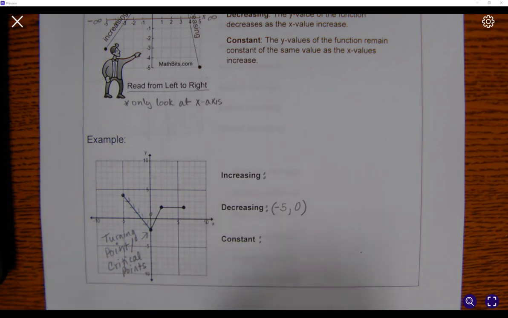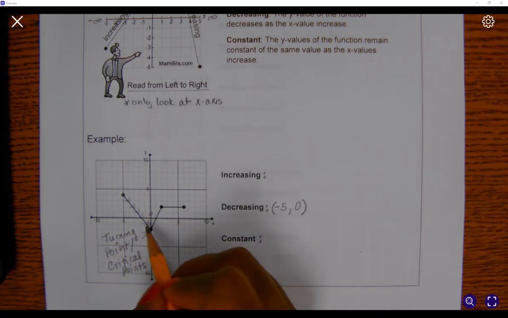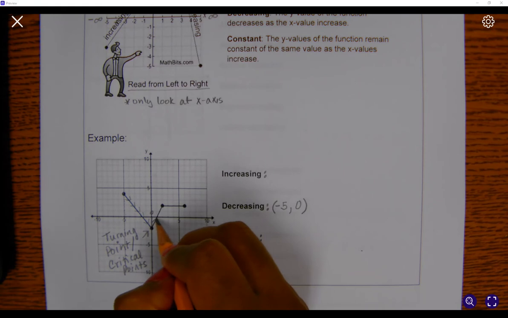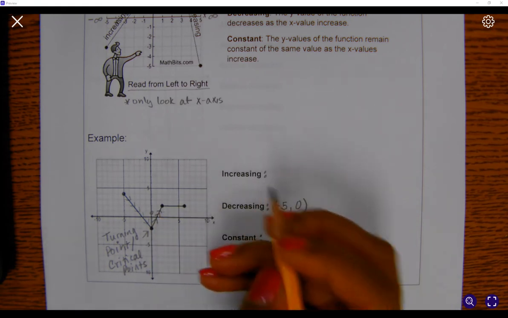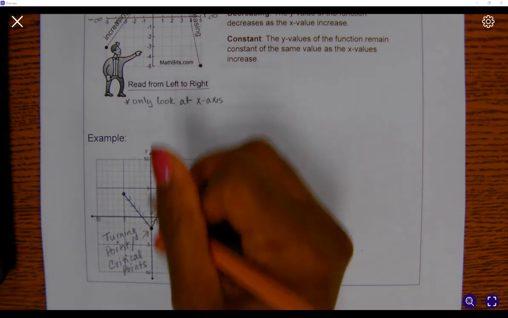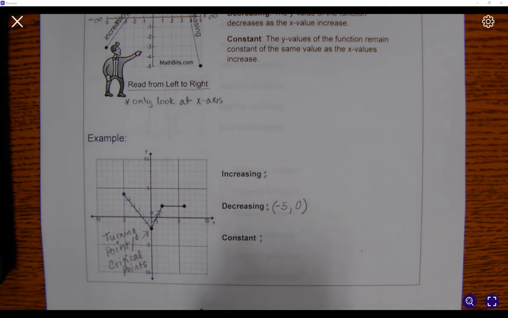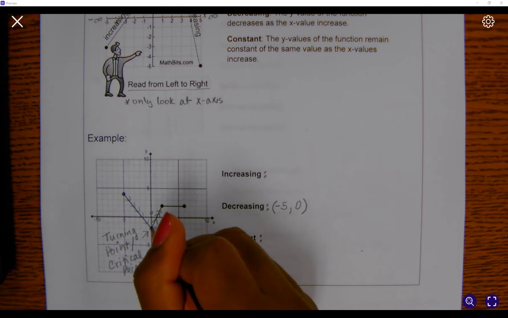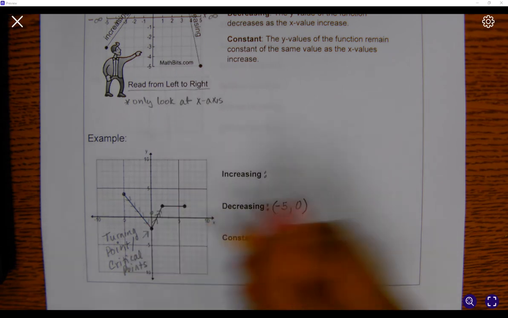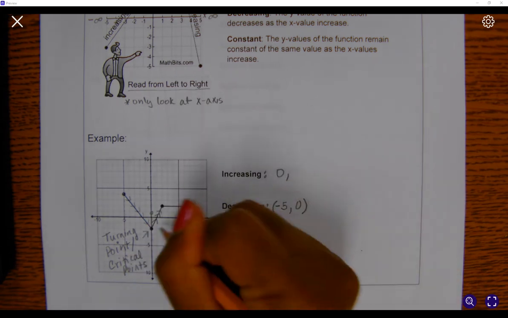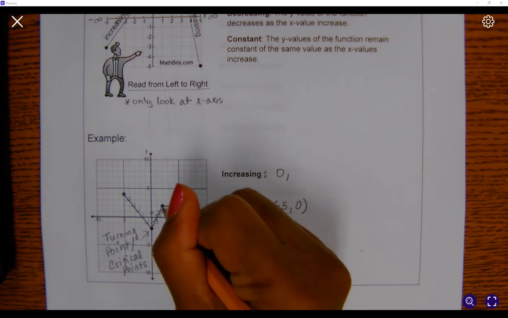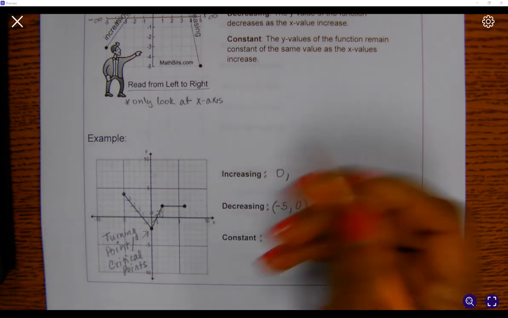All right, so here the function is now increasing. And again, it's going to be really hard to ignore the y-axis. Just remember, we're only looking at the x-axis here. So it's increasing from x equals 0 all the way up to here, which is at 2.